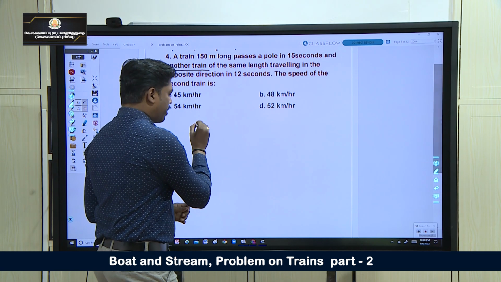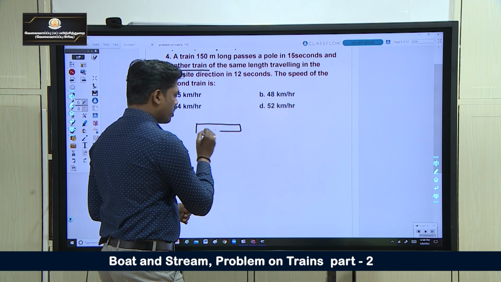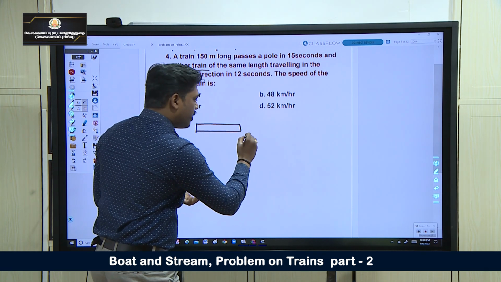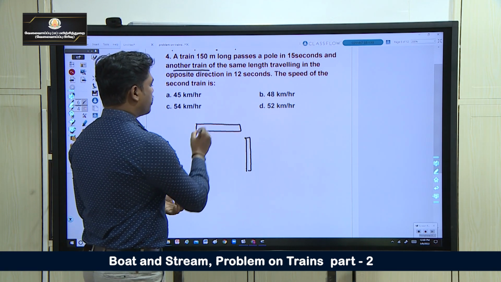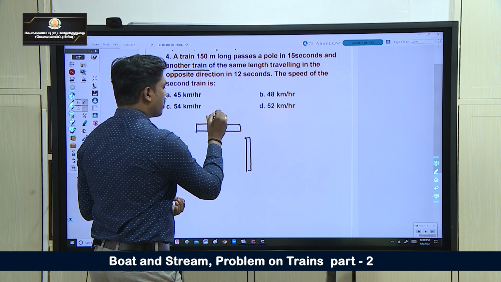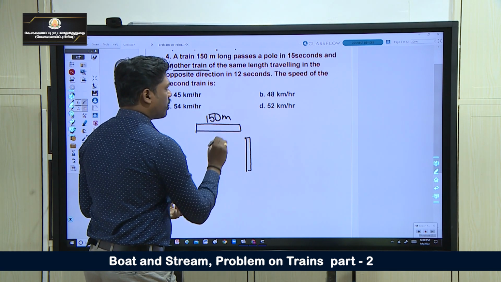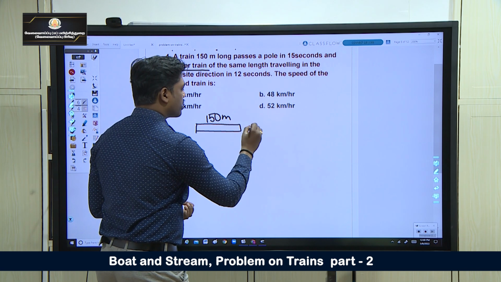we are having a train here. This train first crosses a pole. Train is 150 meter. It crosses a pole in 15 seconds.